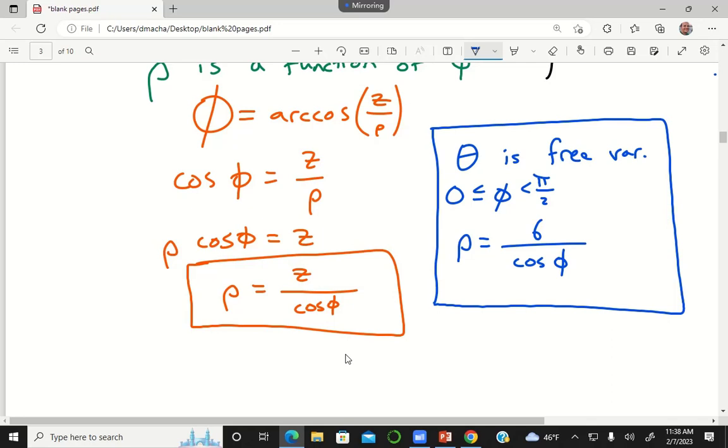Whenever I said that theta is a free variable, what I mean by that is in this plane, theta has to take on all of the values between 0 and 2 pi, because the plane stretches out in every direction.